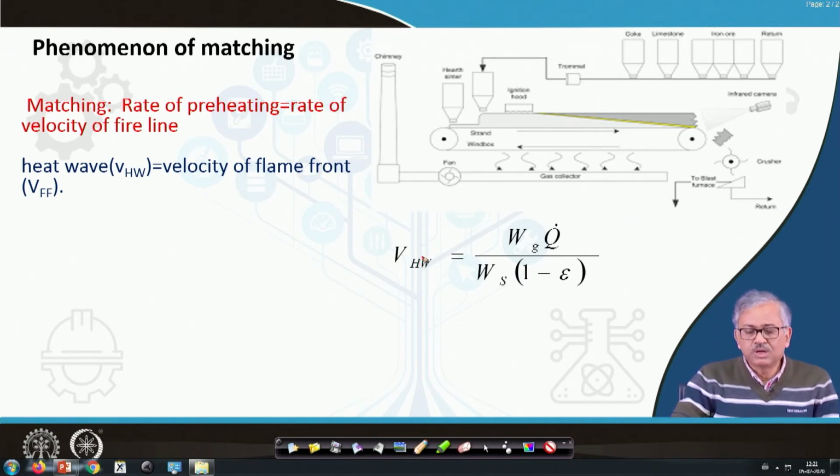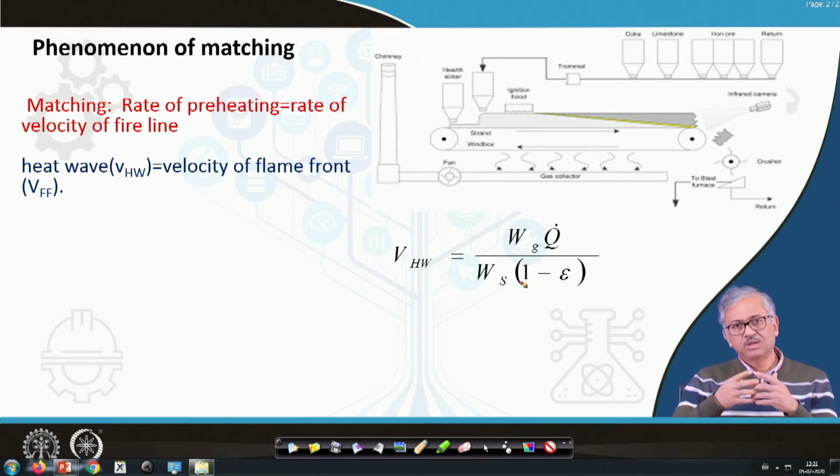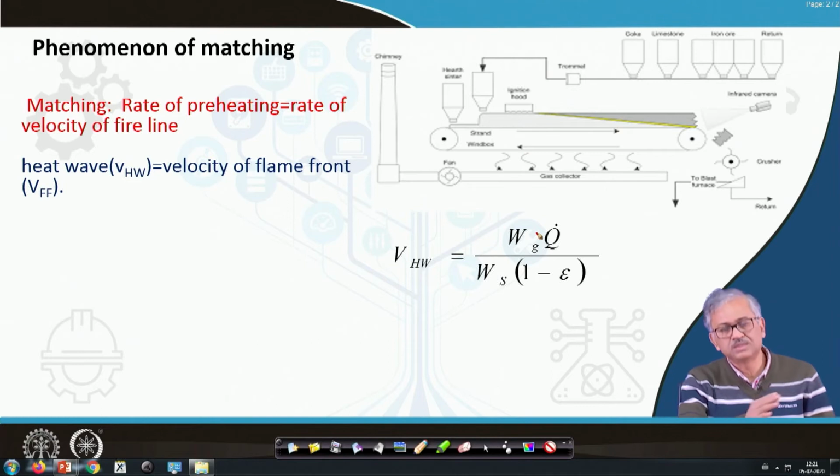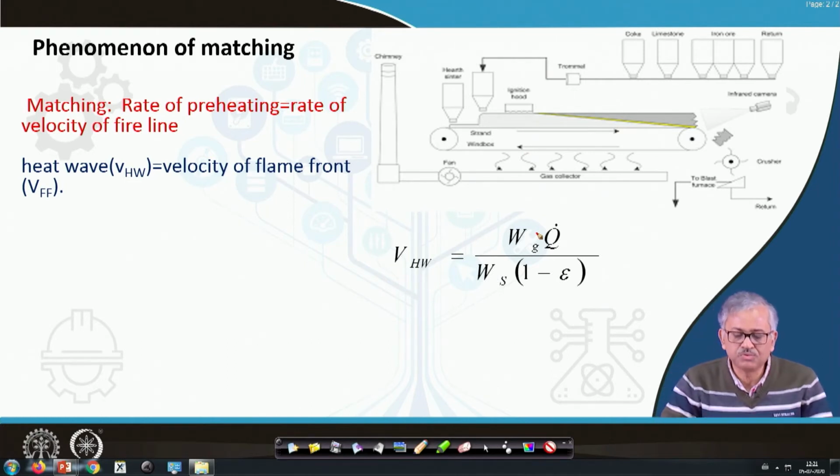So VWH times Ws times 1 minus epsilon is the heat requirement by the solid, and the numerator is the heat capacity of the gas multiplied by the volumetric flow rate. That means this is the rate at which heat is being supplied by the gas. If you equate these, then you can find this expression.